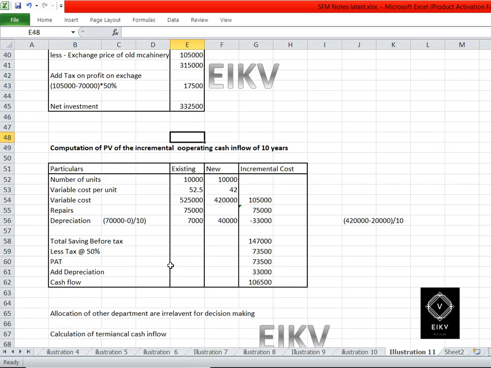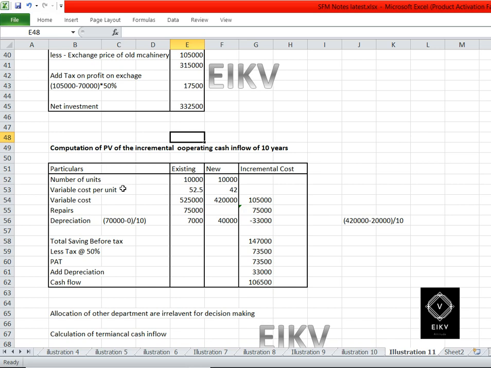Okay, after that we will compute the net present value. Here they haven't given any sales price or anything related to sales. Therefore we need to work the cash flow on an incremental cost basis. Therefore we need to do this illustration by the incremental cost method. I have made a table which contains 4 columns: particulars, existing machinery, new machinery, and incremental cost.